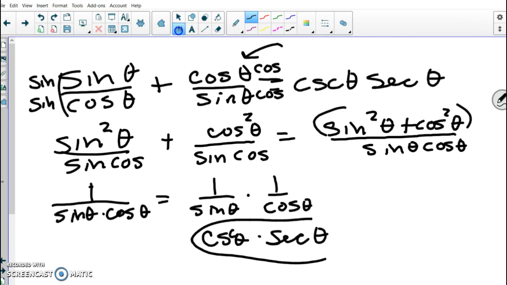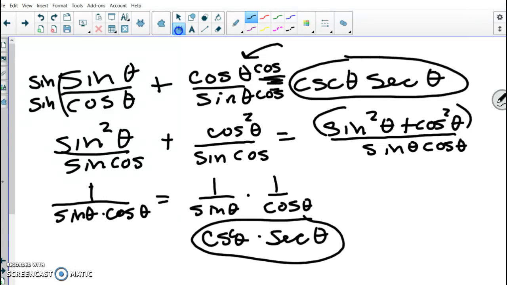So we can see that we ended up with that which we were challenged to come up with in the beginning. So we're going to become very familiar with these trig identities as we work through chapter 4. That being said, we're going to go on to example 8 and 9 and 10 in a separate recording.